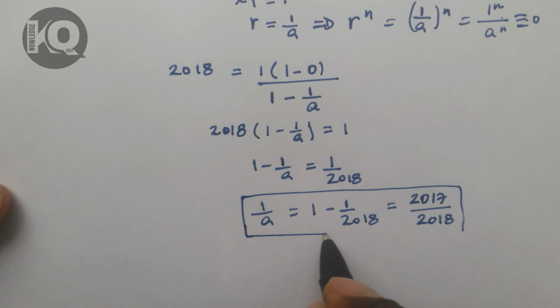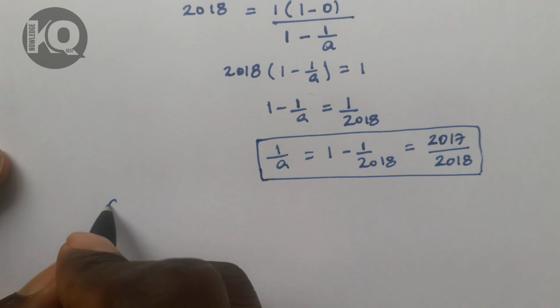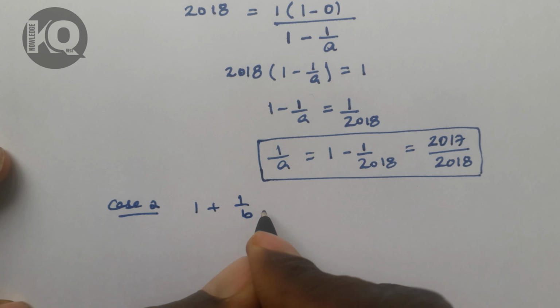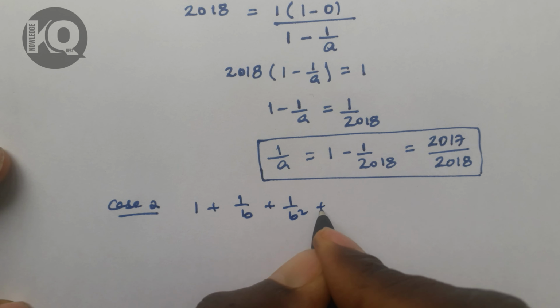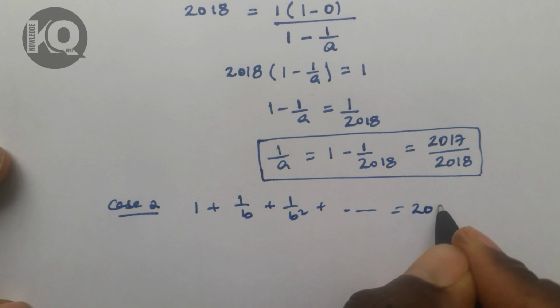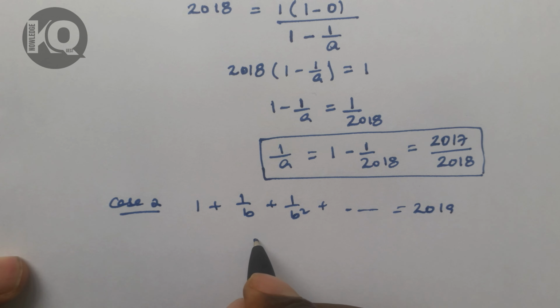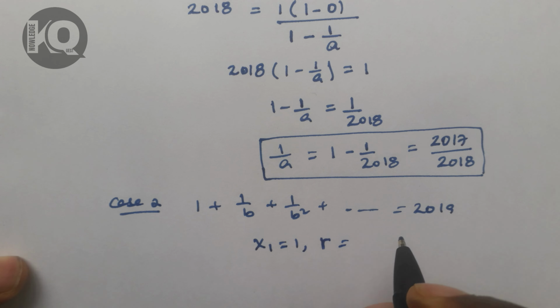So now for case B, or case 2, 1 plus 1 over b plus 1 over b squared plus and so on, is equal to 2019. In the same manner, we have x1, which is equal to 1, and the common ratio is 1 over b.